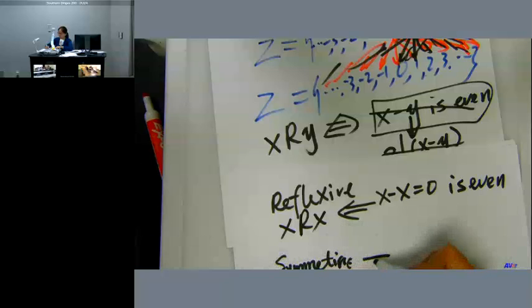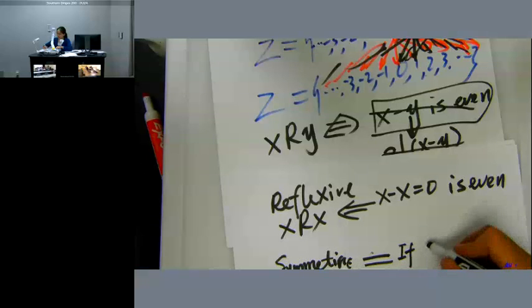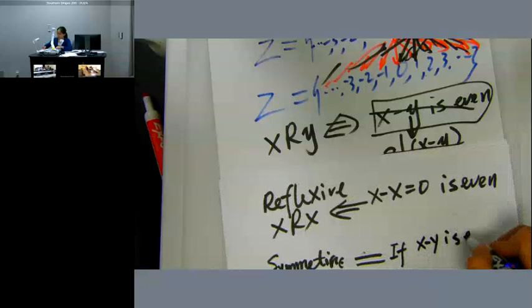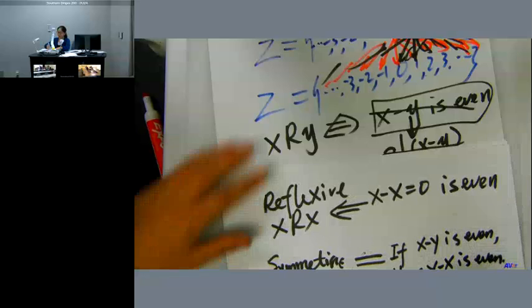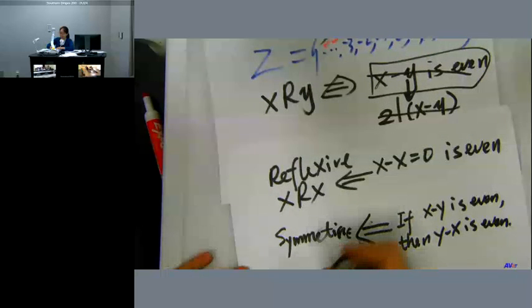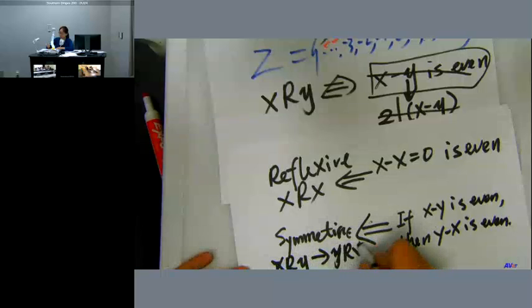Because we proved if x minus y is even, then y minus x is also even. So that tells us it's symmetric. In other words, x related to y implies y related to x. That's symmetric.